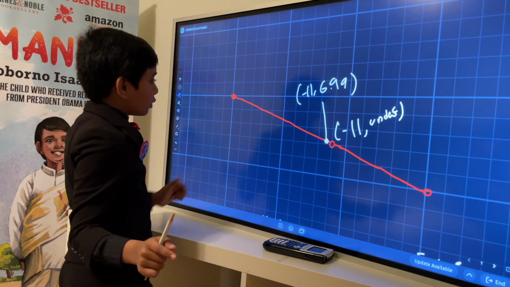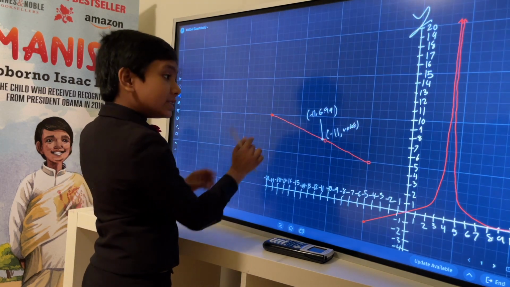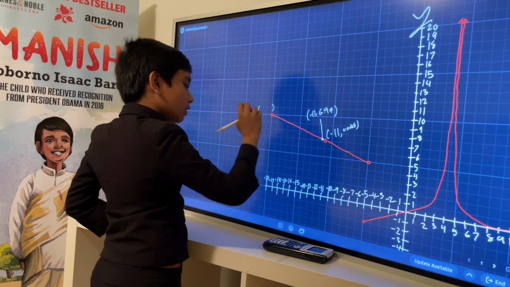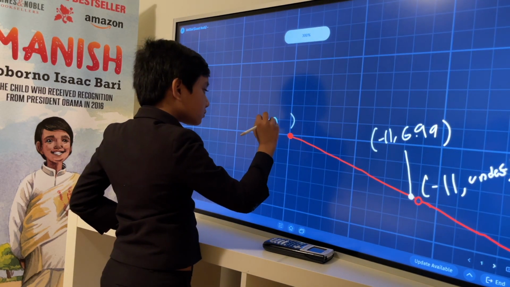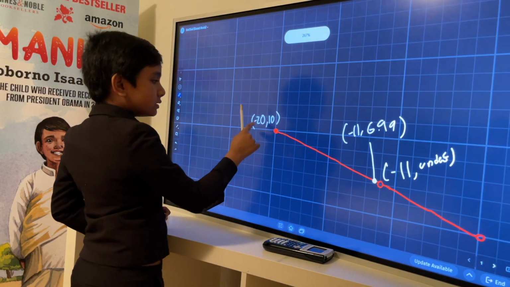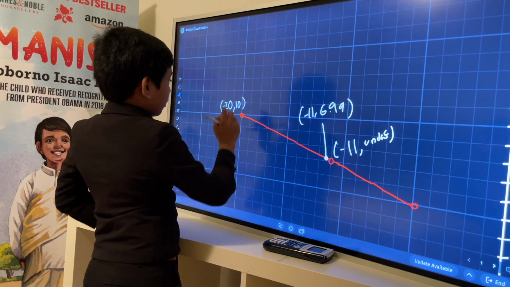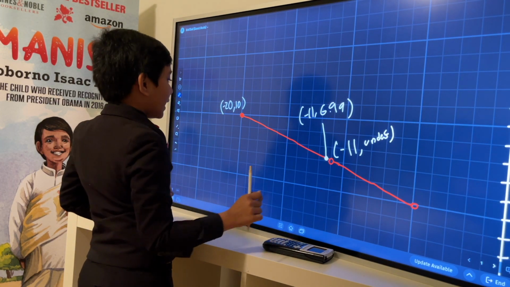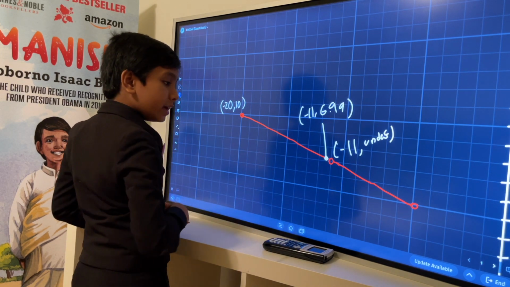So for example, let's say you're at this point over here, which is minus 20, comma 10. And so now you're over here, and your y value is 10. But how can you predict what the y value is going to be over here?